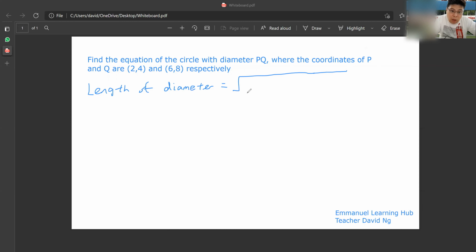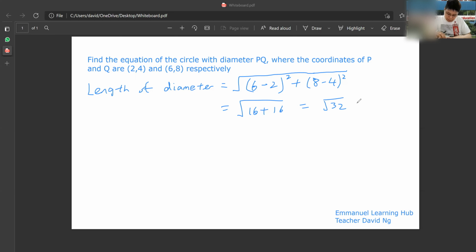So the length of the diameter would be the square root of (6 minus 2) squared plus (8 minus 4) squared. So 6 minus 2 is 4, 4 squared is 16. This one, same thing, 4 squared is 16. Square root of 32.